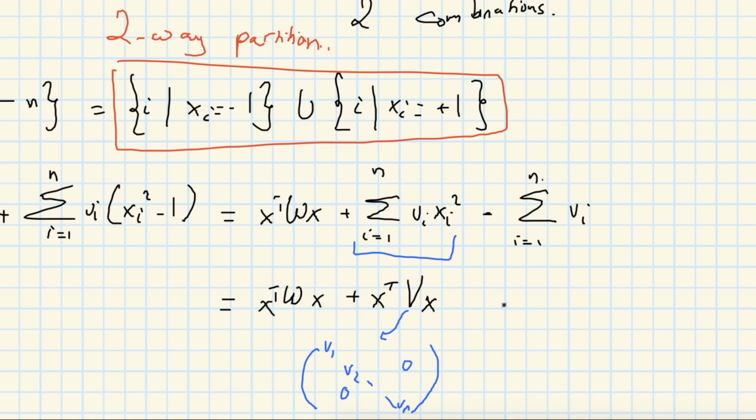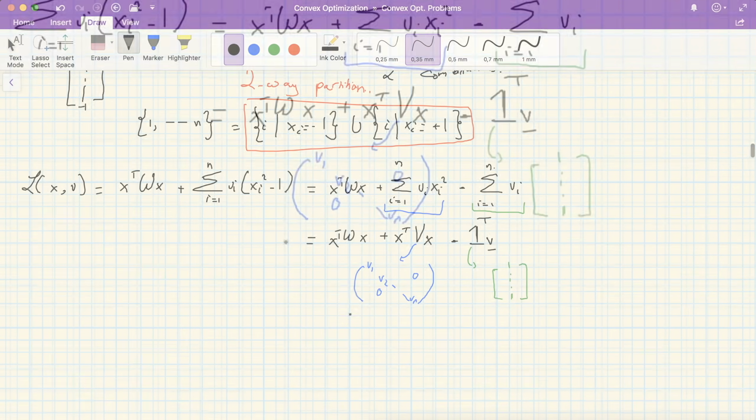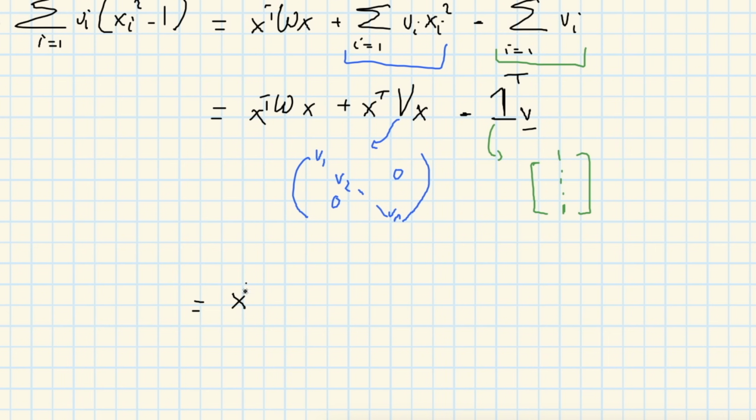And the last summation is nothing other than 1 transpose nu, where the vector 1 is a vector of all 1's. You can also verify that this term is in fact the summation. Now let's collect terms that depend on x, and get x transpose (W plus V) x minus 1 transpose nu.